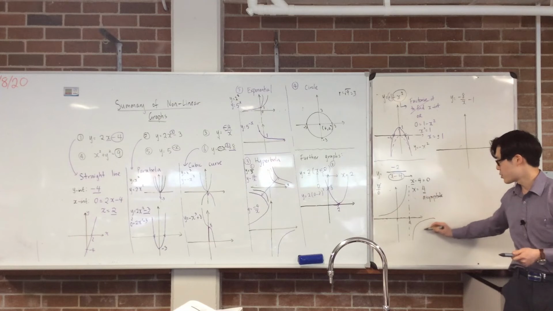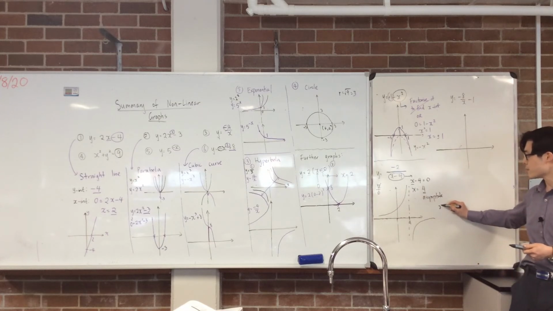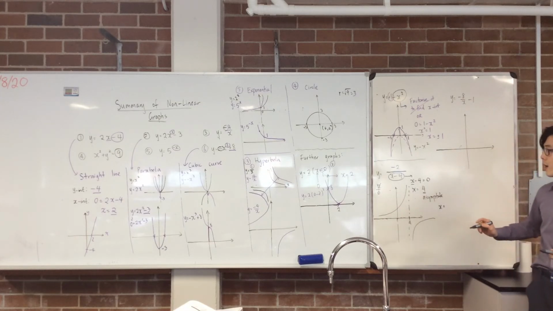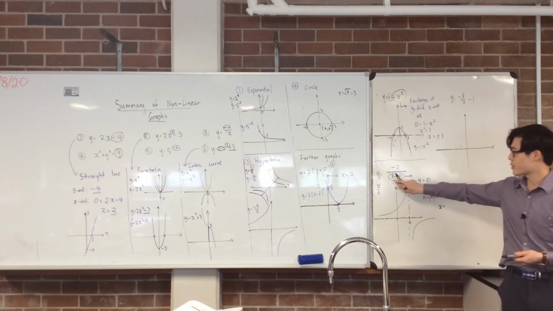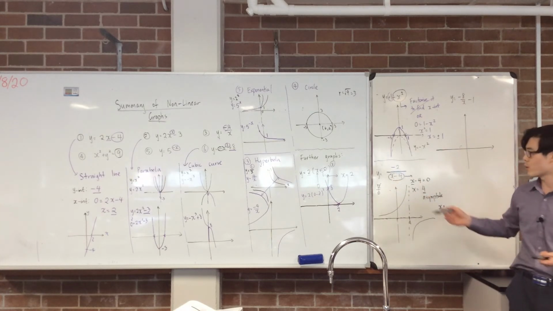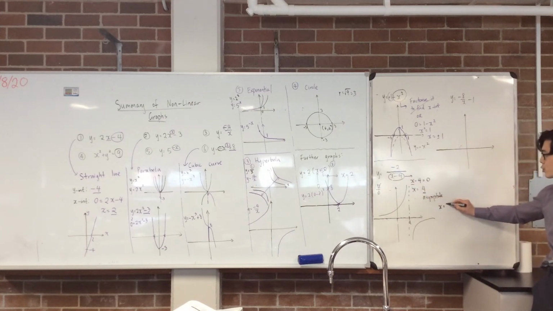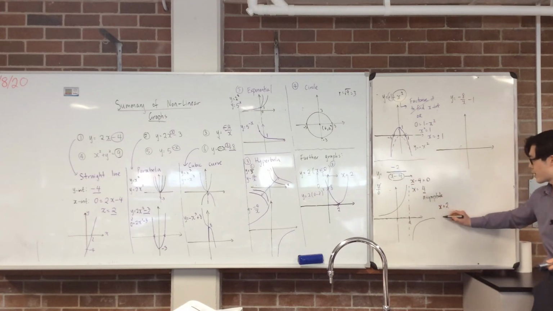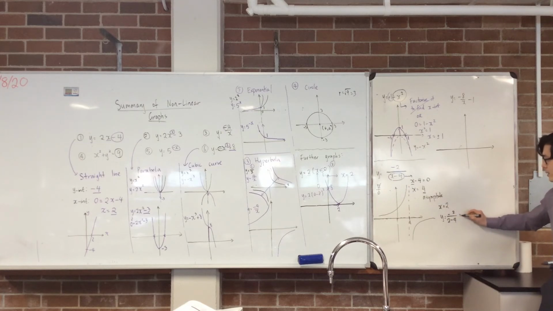And just as a further fact, what else did we do on this graph to show further details? Plot 1 point. So in this case, if I substitute something simple, I don't want to use 1 because if I do 1 minus 4, I'm going to get minus 2 over minus 3, and I don't want to use decimals. Let's choose 2. So if I choose 2, then y would be equal to minus 2 over 2 minus 4. And what's that? Minus 2 over minus 2? 1.